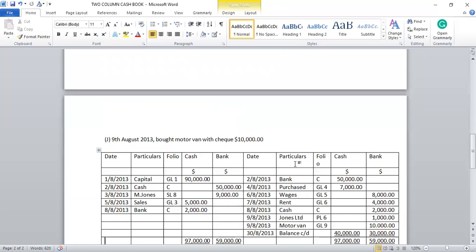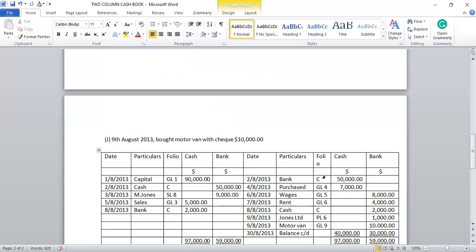So when we come to the particulars column, it shows the bank, and in the folio column, you show C, and the cash 50,000. You realize that the particulars is bank, meaning that the corresponding entry can be found in the bank account. So the cash account will be credited because we transfer the amount from the cash account to the bank account.